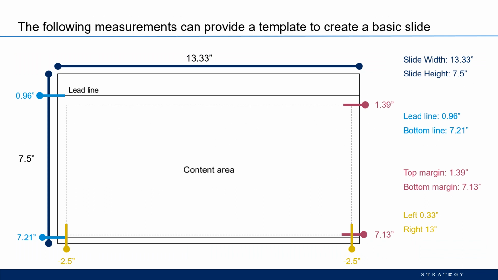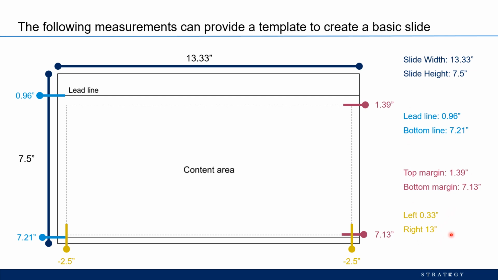Okay, on this slide, I am showing the measurements that I personally use to create my own personal slide templates when I'm creating slides. Now, I'm not going to spend too much time on this slide because I am going to be doing a separate video on how to make a slide template from scratch, and I'll be using these measurements.